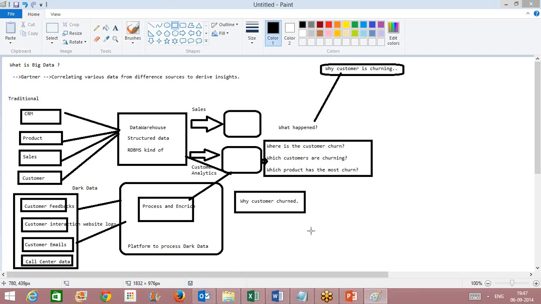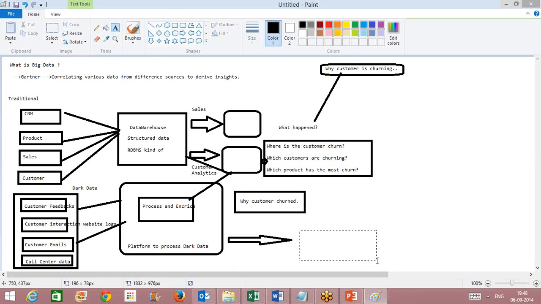And that is where we are entering into the world where traditional data is not enough. We need to go beyond all the unstructured or other dark data which exist to analyze, process and create a view so that we understand what happened, why it happened, and then using all this historical data you can predict what will happen.